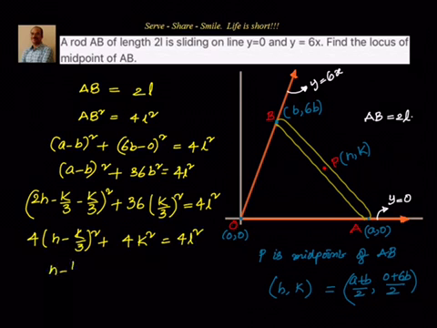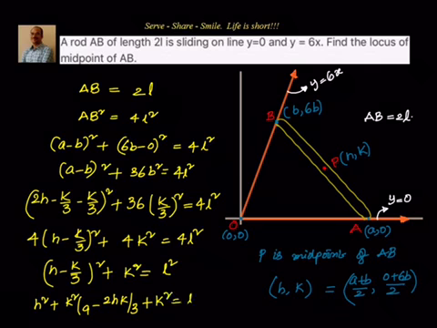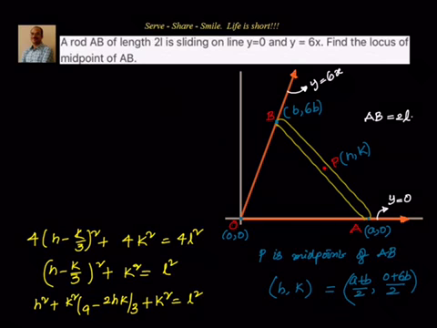Now we open this up. We write h square plus k square by 9, minus 2hk by 3, plus k square equal to L square. In the next step, we multiply throughout by 9.